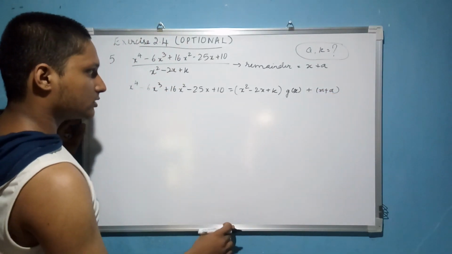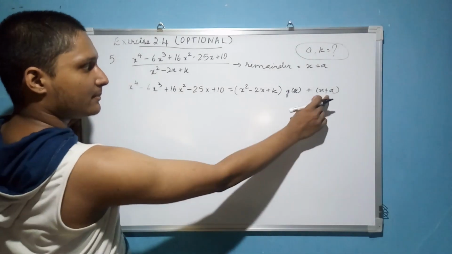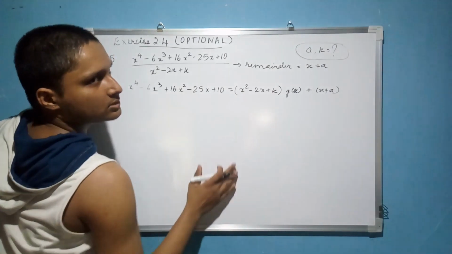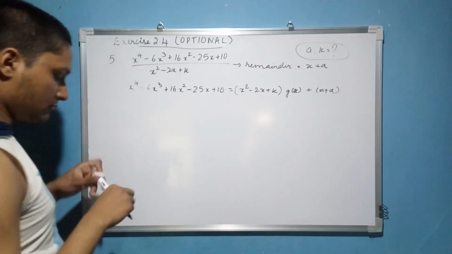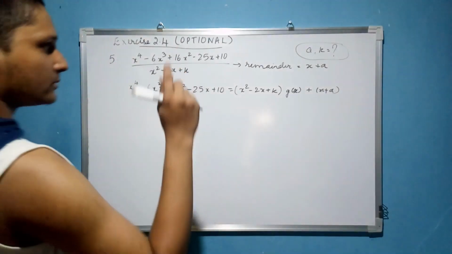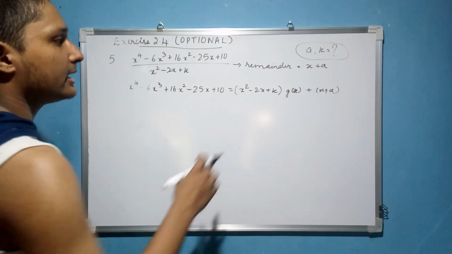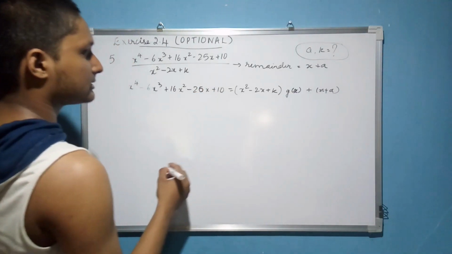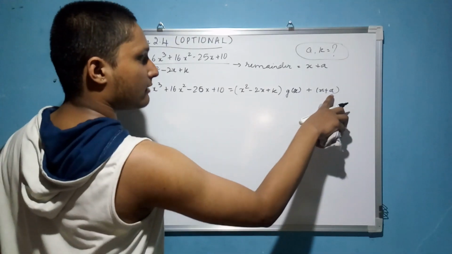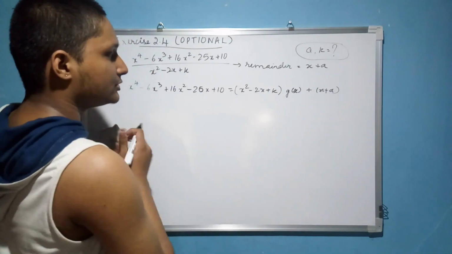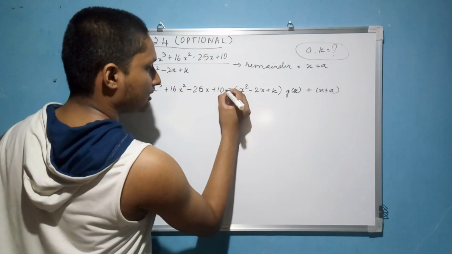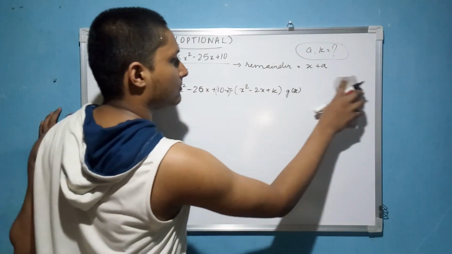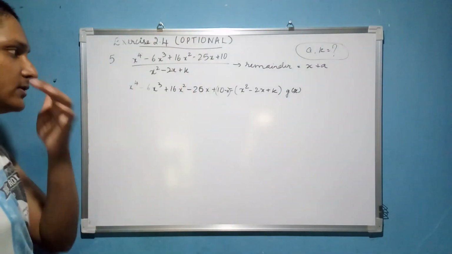I'll bring the remainder to the left hand side. Bringing x this side, it becomes minus 26x. The a joins with the constant, so it becomes 10 minus a.